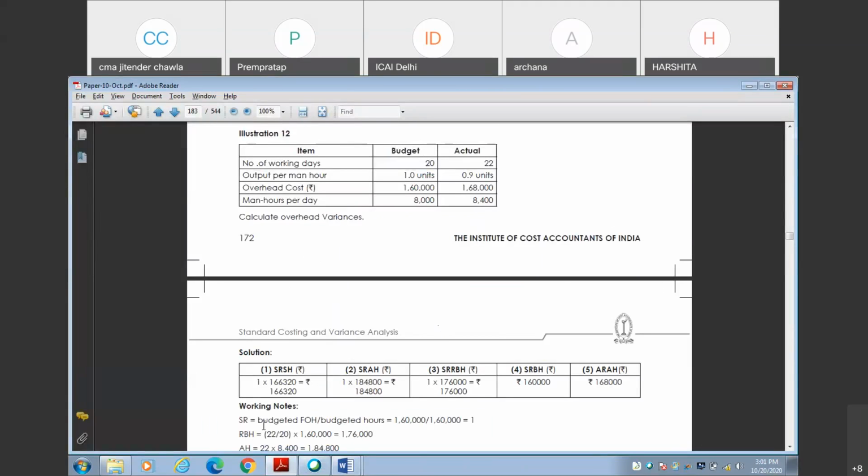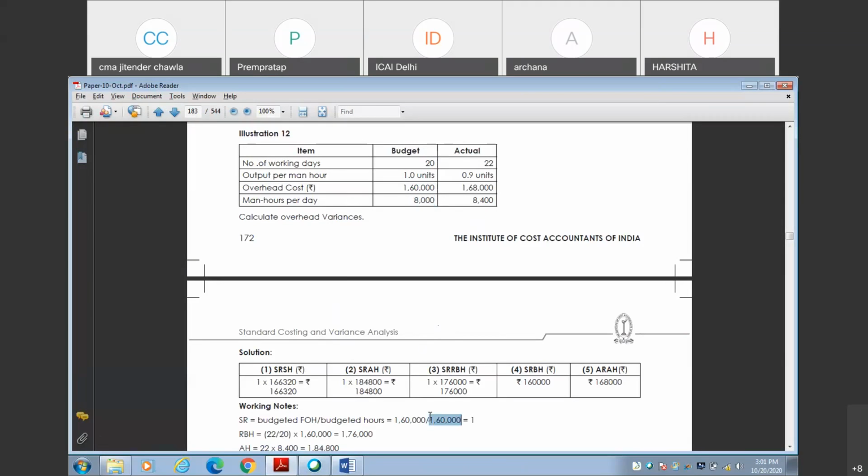सबसे पहले स्टैंडर्ड रेट निकालते हैं. देखिएगा व्हाट इज स्टैंडर्ड कॉस्ट. This is 160. This is standard cost. For how many working, for how many time period? 8,000 into 20 give me 160.